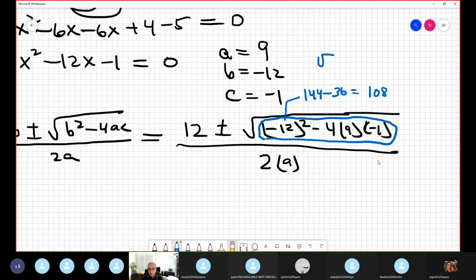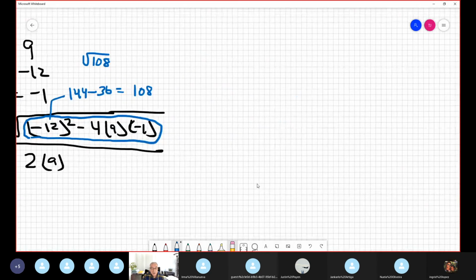And the square root of 108, I have no idea. I try to do my best in simplifying radicals. 108 is an even number, divided by 2, is 54. 54 divided by 2 is 27. 27 is divisible by 3, and 9 is 3 times 3.